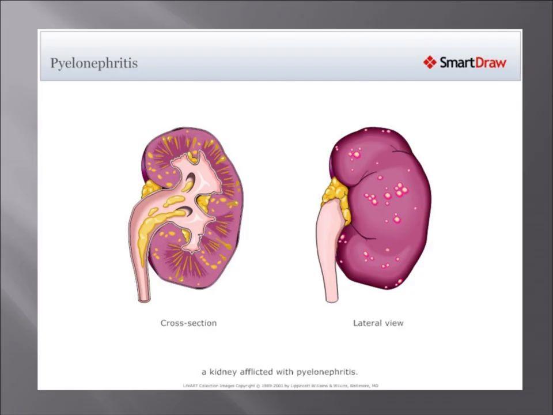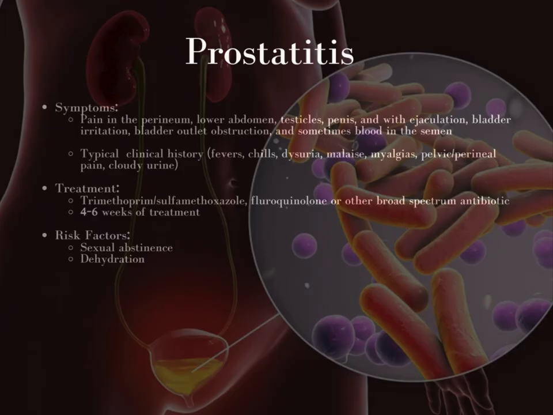Then prostatitis, with symptoms like pain in the perineum, lower abdomen, testicles, penis and with ejaculation, bladder irritation, bladder outlet obstruction, and sometimes blood in the semen. The typical clinical history: fever, chills, dysuria, malaise, myalgia, pelvic and perineal pain, cloudy urine.